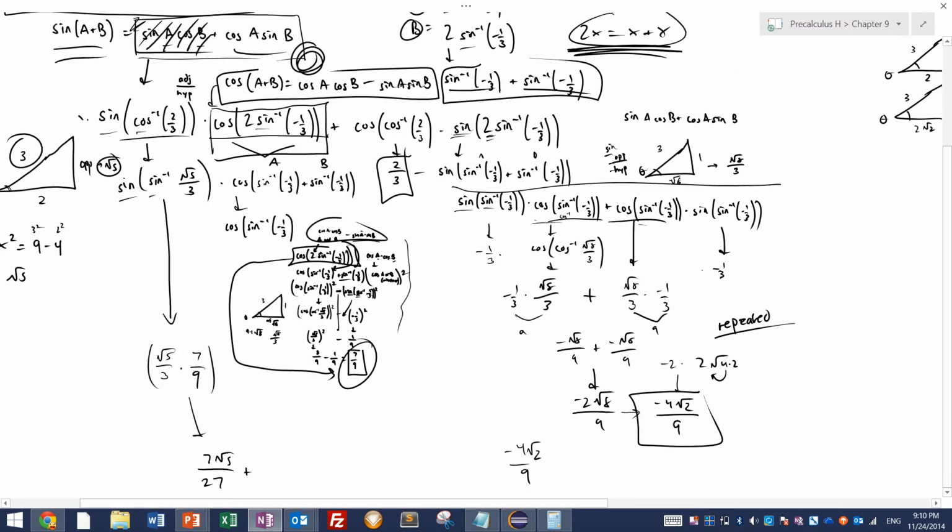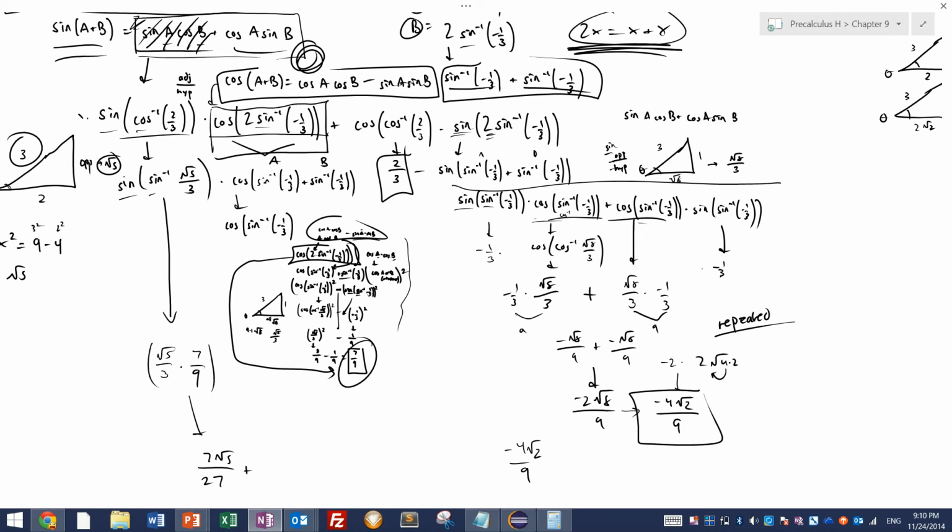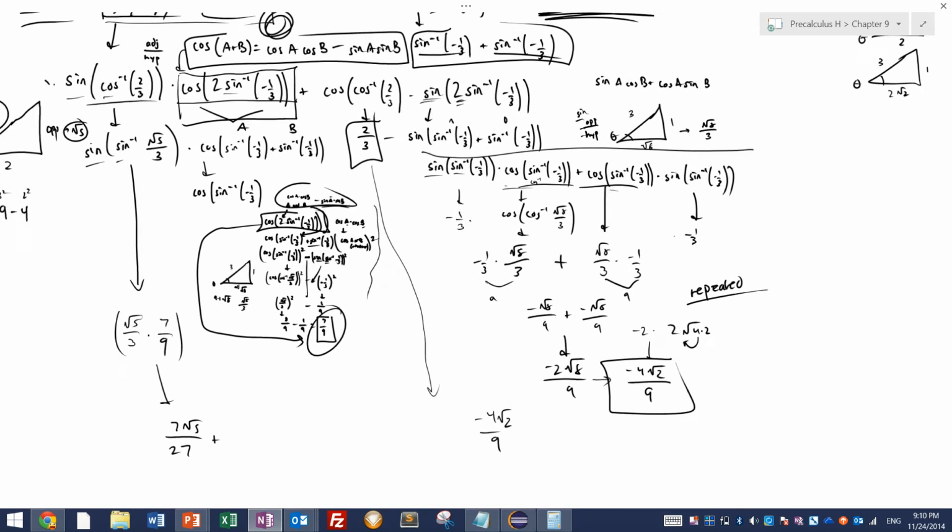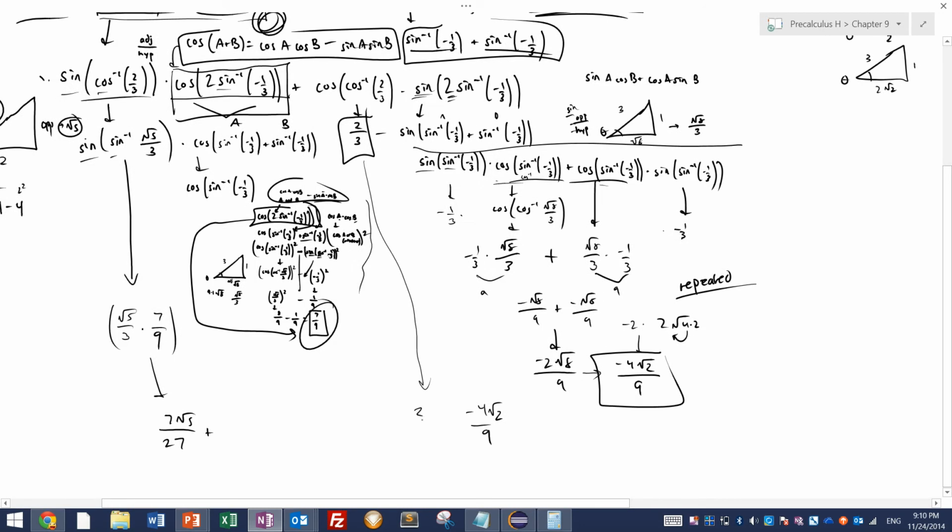Remember, we were applying all of this to this law. It's going to be 2/3. Let's see. Yeah, 2/3 times this.